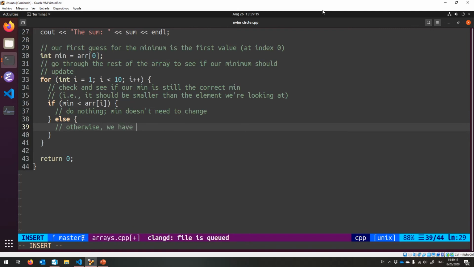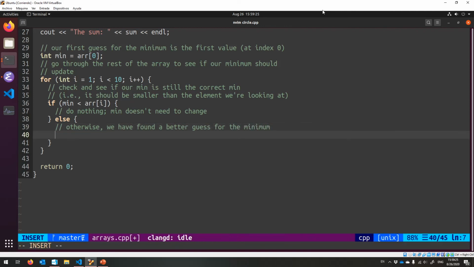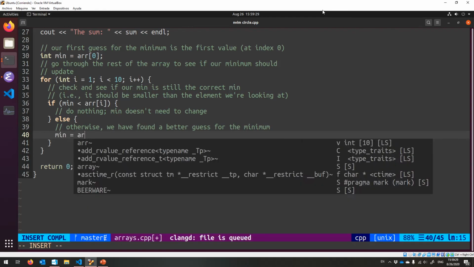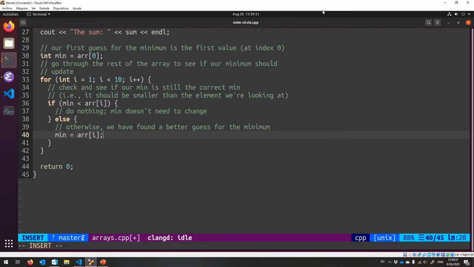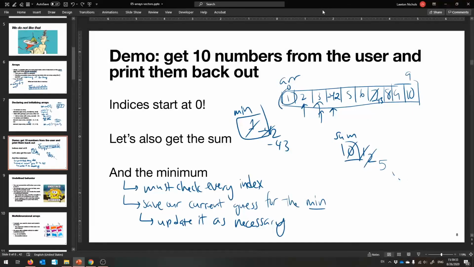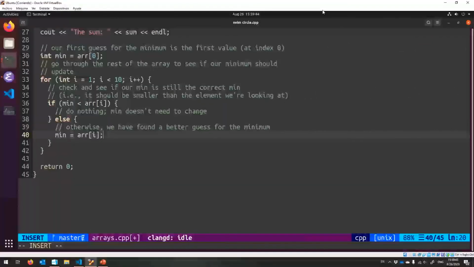We have found a better guess for the minimum. Okay? And so we should replace our min guess with the current index. And that will happen if, for example, min is 1, and then we're looking at index 0, 1, 2, 3, and we're looking at negative 42. Okay? In that case, we need to change our minimum.